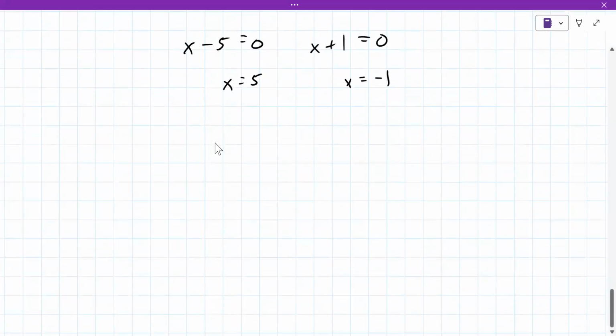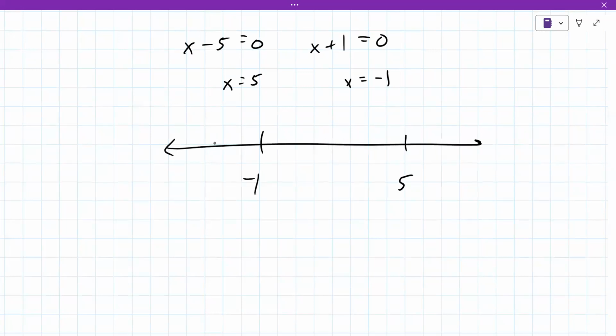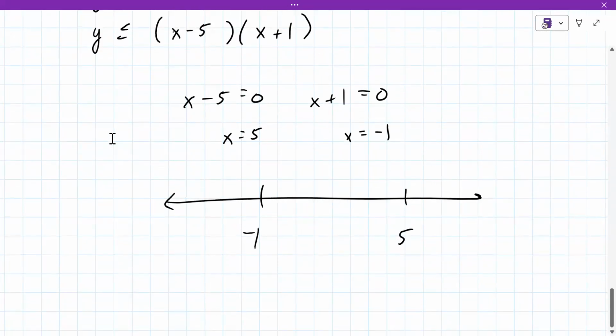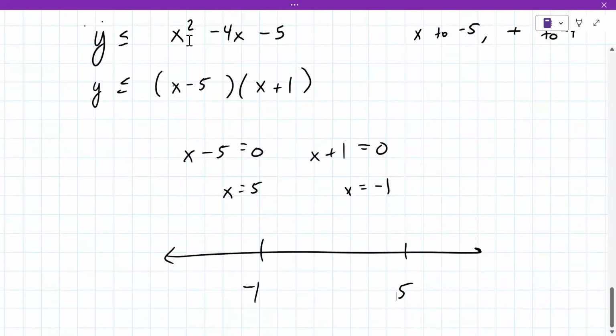Okay. Now those go on a number line. Like that. Now, it helps to have the original graph, but really all you got to know is whether it opens up or down. Does this graph up here open up or down?